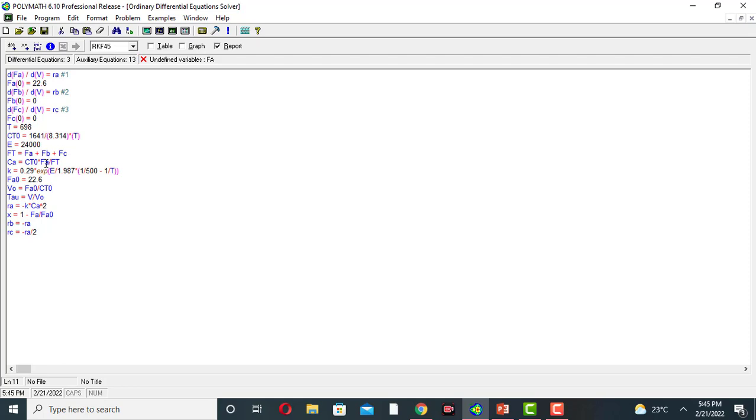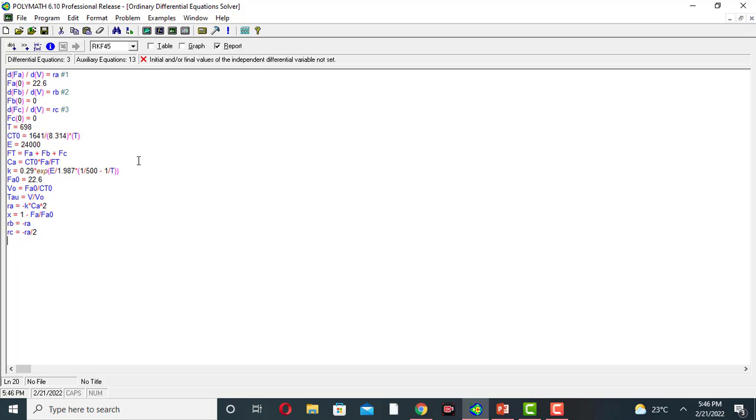Remember, you should write everything small or everything large. Since this FA is small, this FA should also be small, because there is a relation between various variables and various equations.